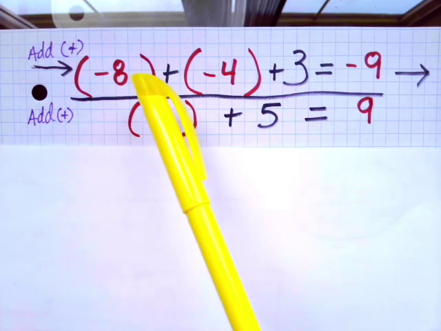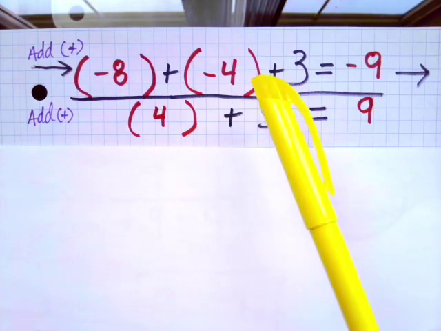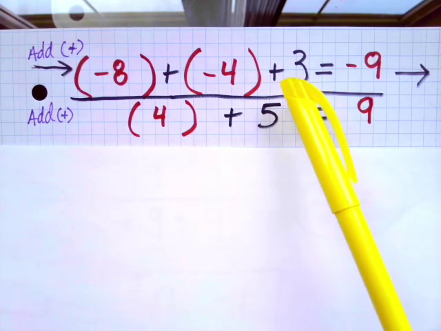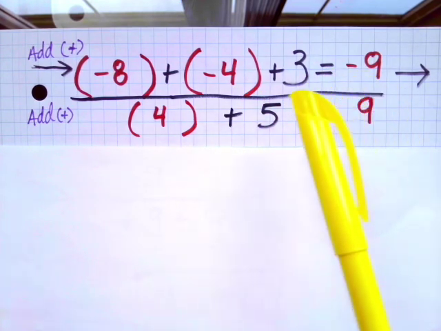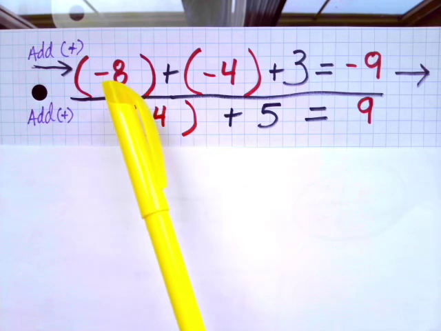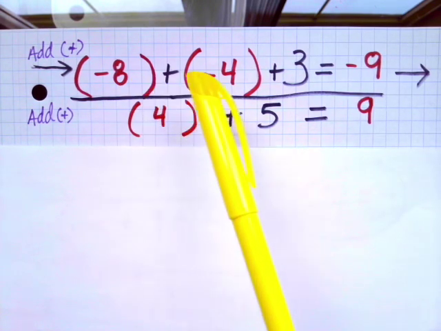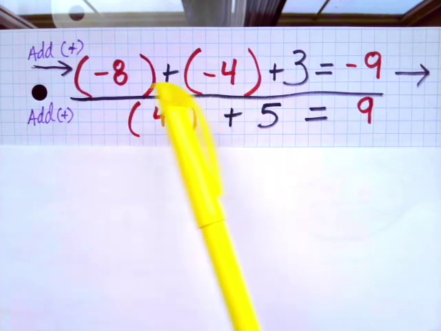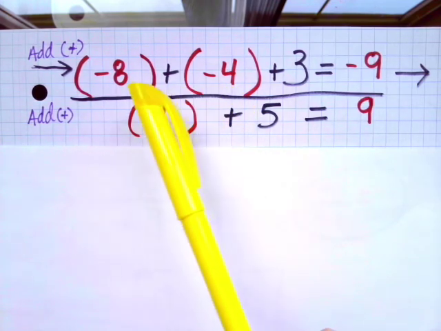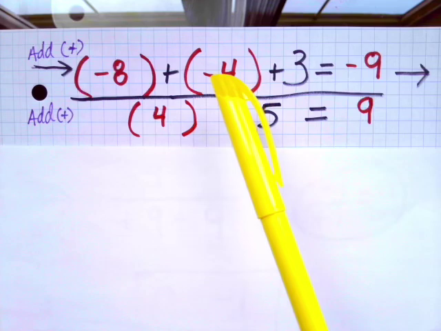-8 plus a -4 plus a positive 3 equals a negative 9. Let's take it a little bit slower. So I owe you $8. I'm going to add a negative 4 to that. So I owe you 4 more dollars. You owe me $8, 9, 10, 11, 12.